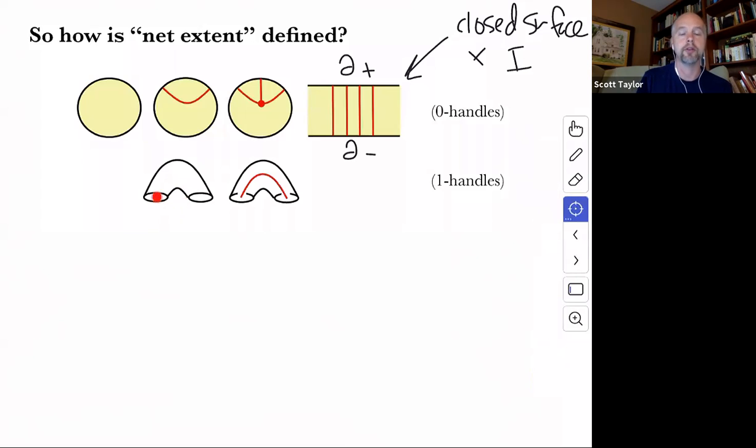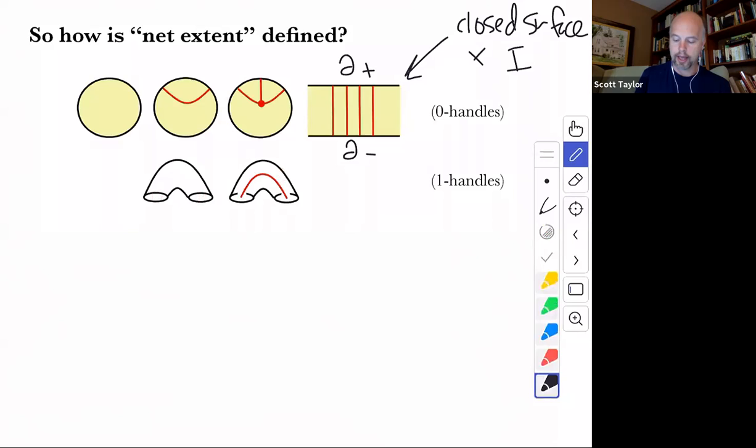For my 1 handles, they're all disk times interval, with the attaching region being the disk times the boundary of the interval. 2 types again, I have 1 handles with no bit of spatial graph in them, and I have 1 handles with a bit of spatial graph in them. And then I'm going to build something out of the 0 handles and 1 handles.